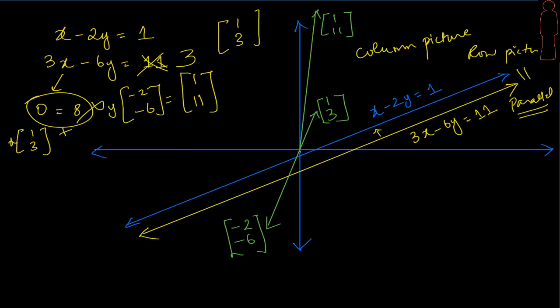Yes, we can. I could walk all the way to minus 2, minus 6, come back and then walk 1, 3. That's another solution. What else can I do? I can walk 1, 3 twice and then come back by 1, 3 once, and therefore I will reach 1, 3. There are umpteen number of solutions, which means that again the column picture tells us that for this case, there are infinite solutions.